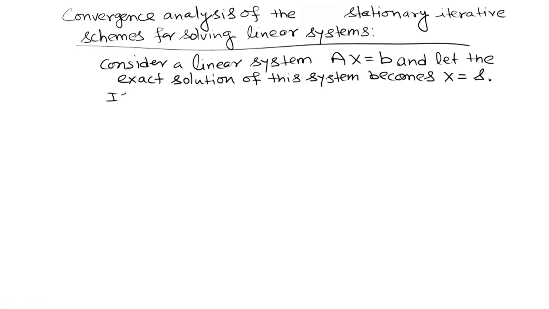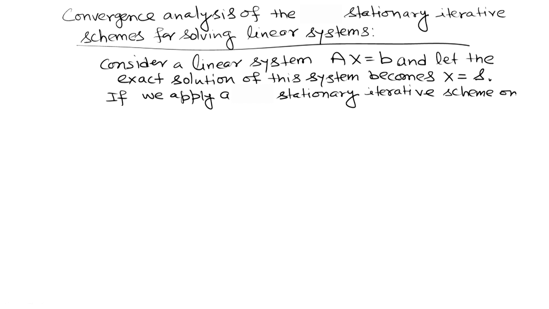So, if we apply a stationary iterative scheme on it, then we have the scheme of the form x at (k plus 1) iteration is P times x at k iteration plus q, where P is the iteration matrix and q is a column vector.